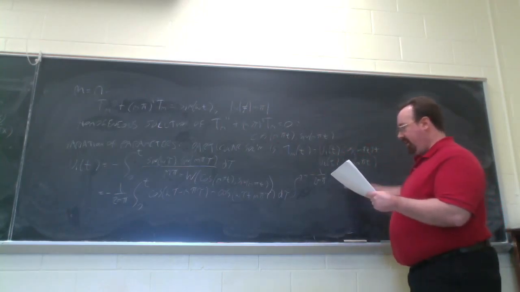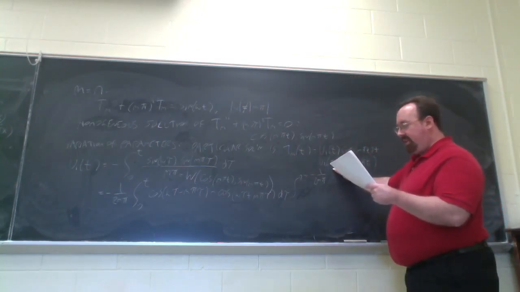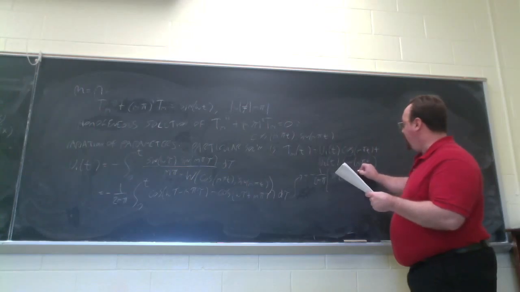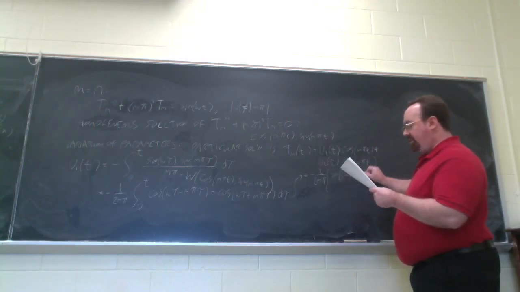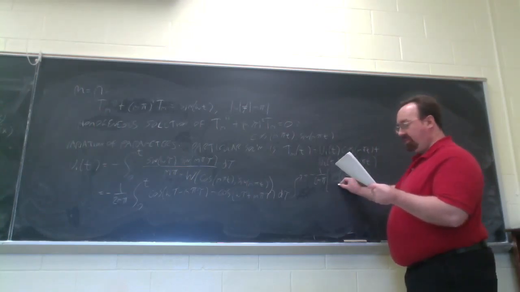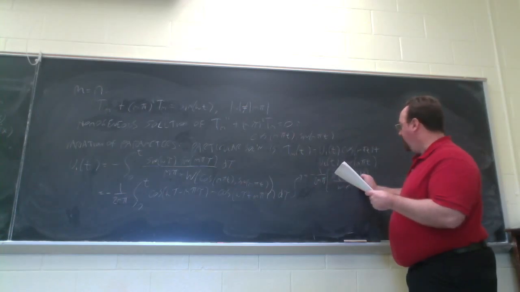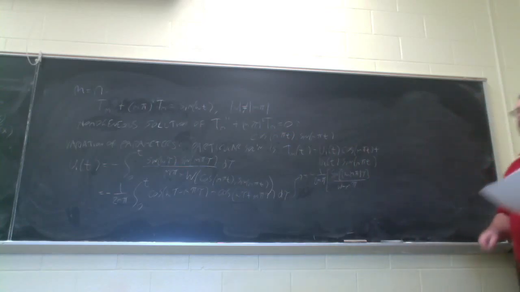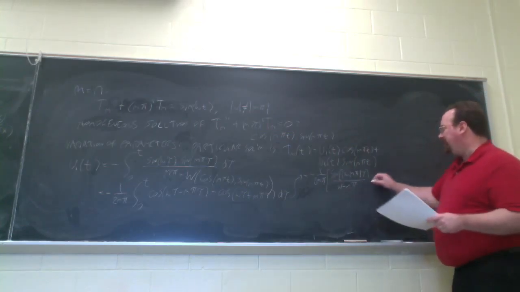And things get even messier still. So sine of omega minus m pi, tau, over omega minus m pi. So now we can see why we need omega to be not equal to m pi here, because we'd be dividing by 0.